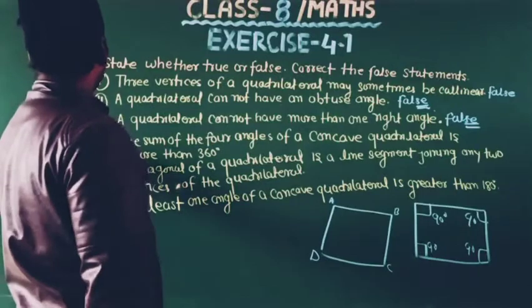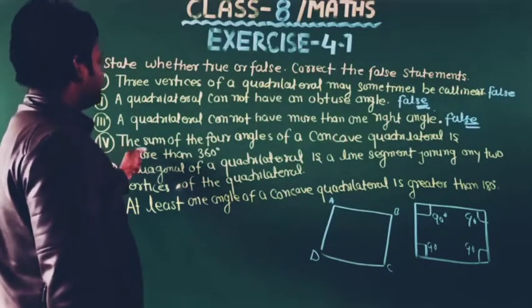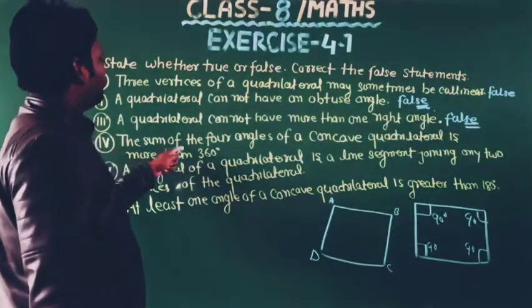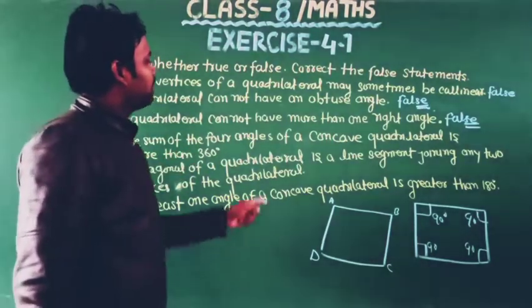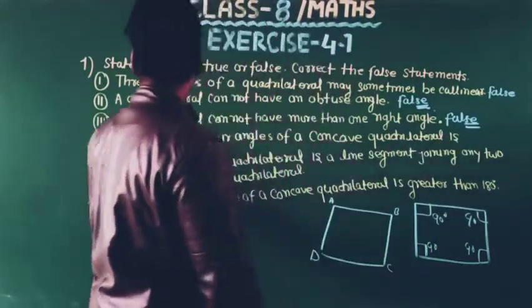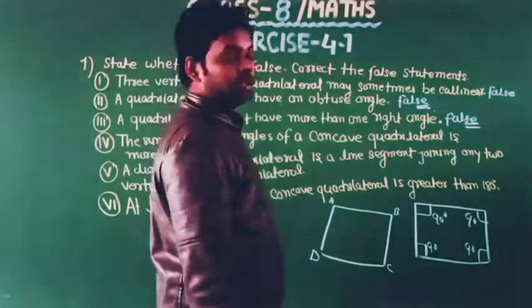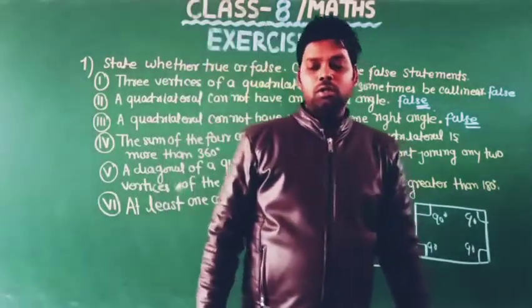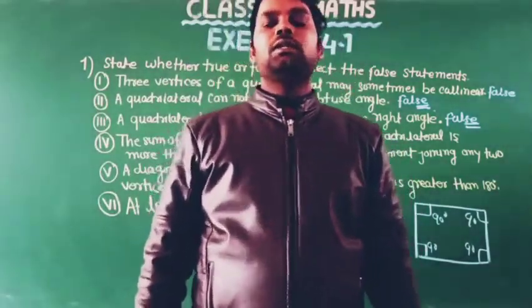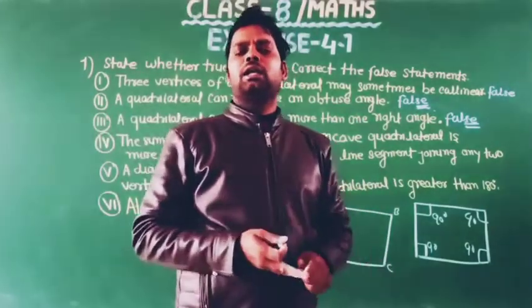Again, move to the fourth statement. It has been said the sum of the 4 angles of a concave quadrilateral is more than 360 degrees. Recall the previous discussion on types of quadrilaterals, concave and convex.